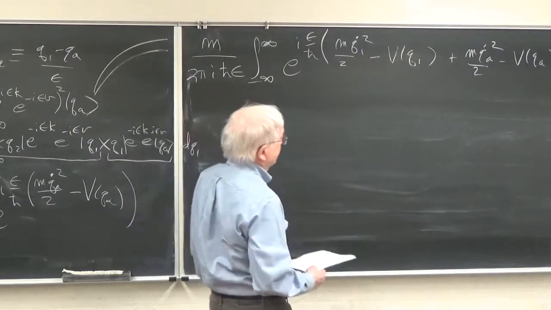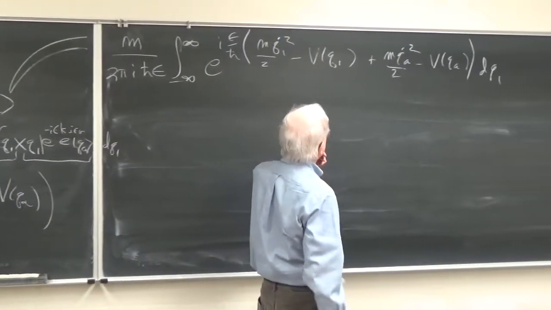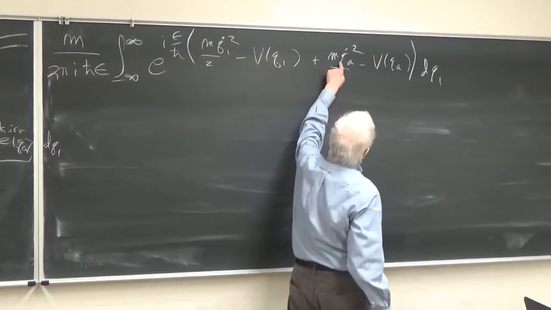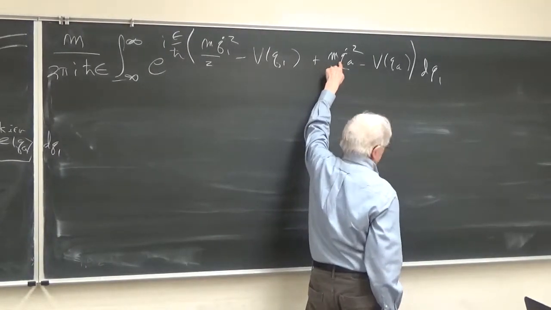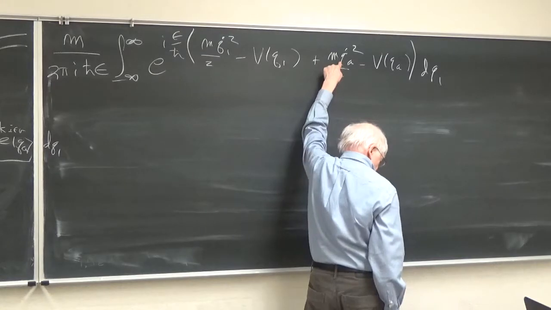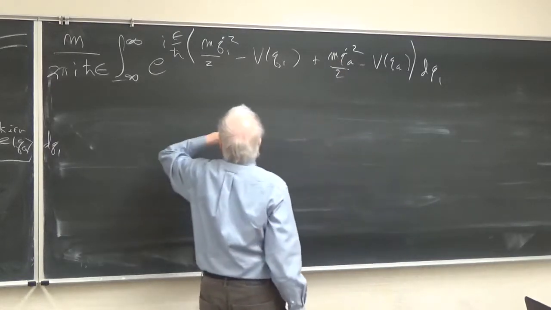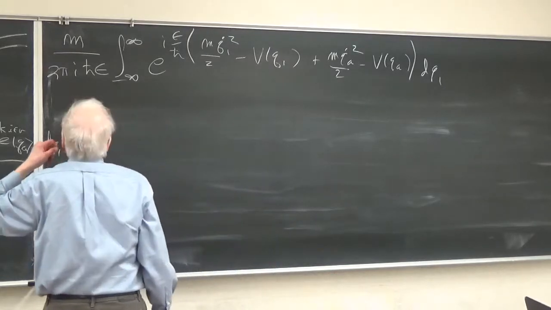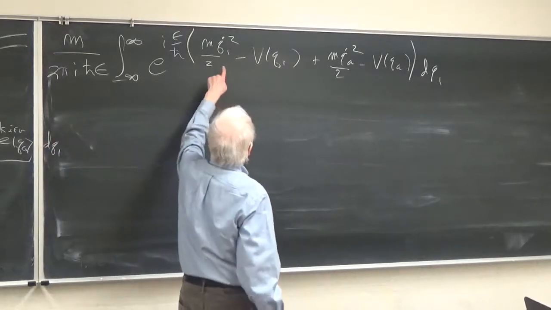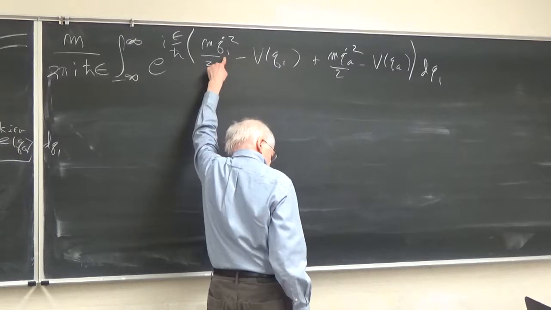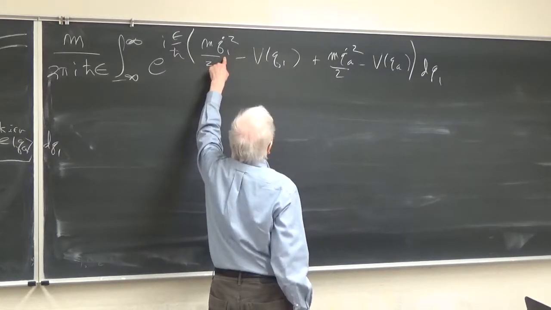Now q1 occurs in two places here. It occurs in qa-dot, because qa-dot is (q1 minus qa) over ε. And it occurs here because q1-dot is (q2 minus q1) over ε.